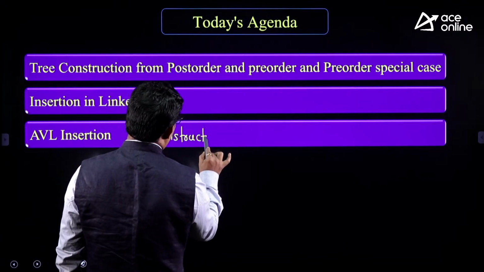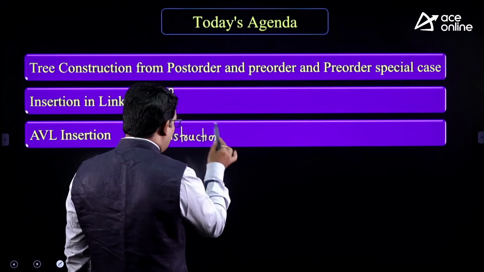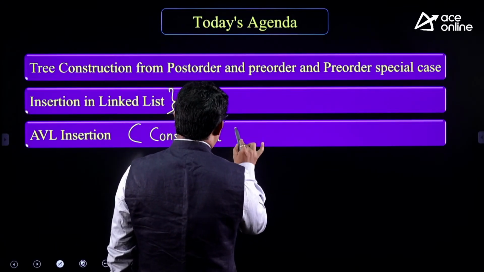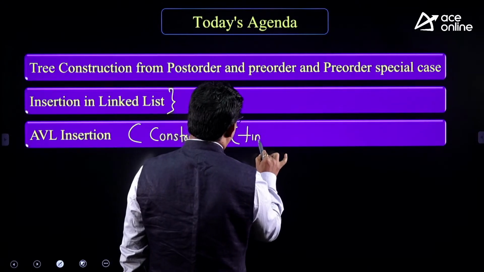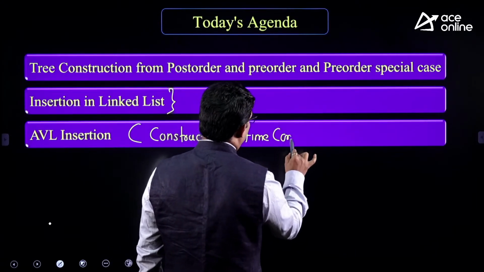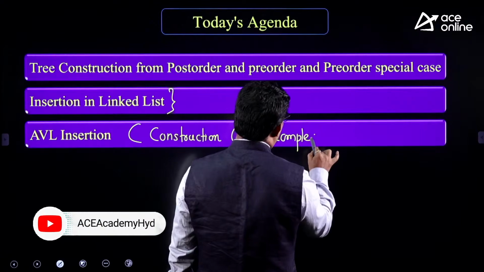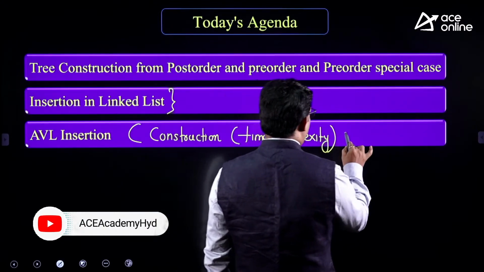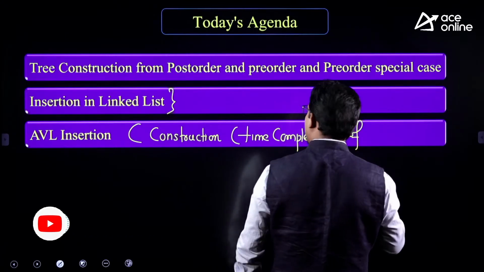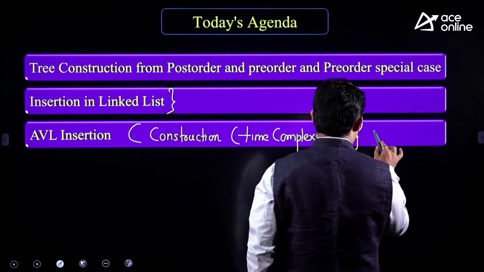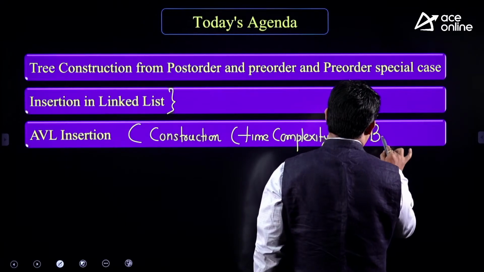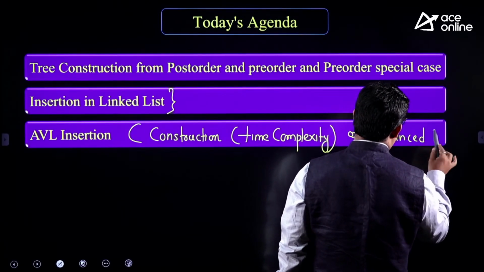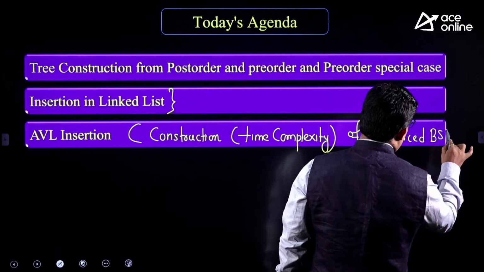Construction cost here means the time complexity of a binary search tree, and in this case an AVL tree, a balanced binary search tree. So I will focus on the balanced BST for the next question.